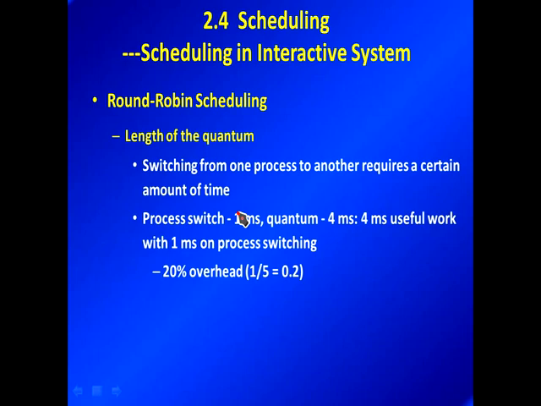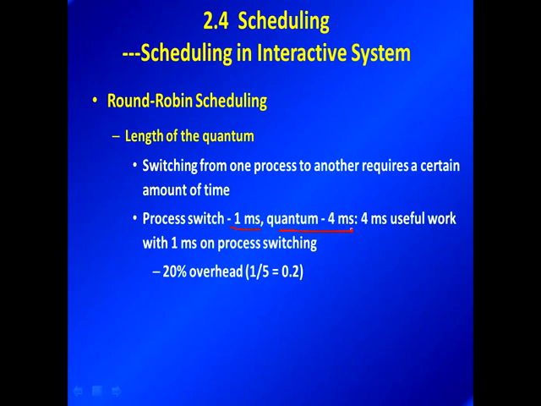So here, suppose we need 1 millisecond to switch between the last process and the next process, and we suppose the quantum is set as 4 milliseconds. It means every 4 milliseconds you need to spend 1 millisecond to switch from the last process to the next process.